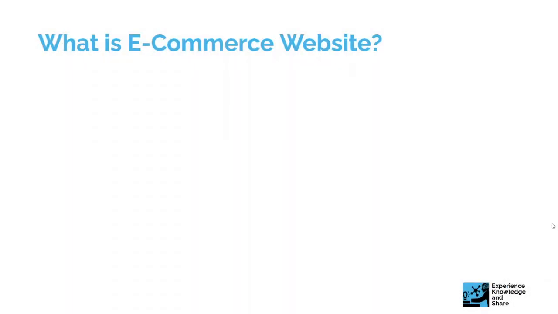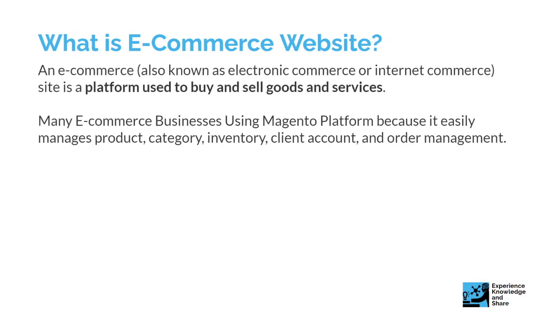So before moving to the next part, what actually are e-commerce websites? E-commerce is nothing but a kind of platform over the internet used to buy and sell goods and services. Many e-commerce businesses use the Magento framework nowadays because it's easy to manage their products, categories, inventory, client accounts, order management, and many more features.